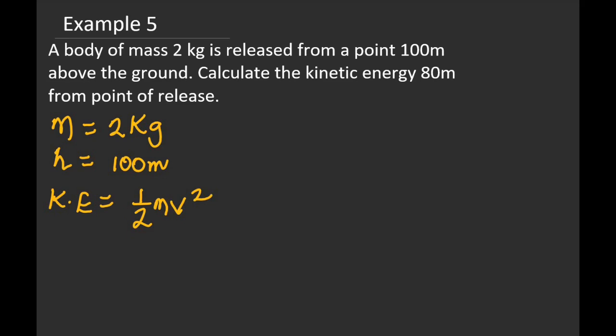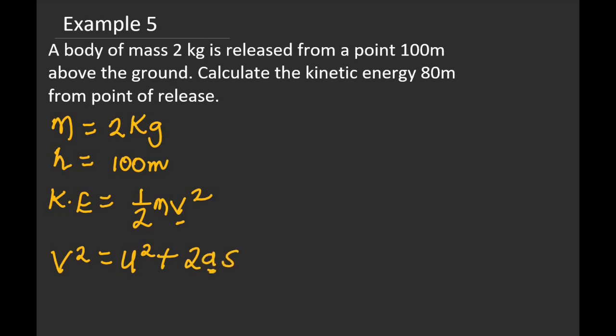We know the mass, but we don't know the velocity. So we need to find the velocity. To do that, we go back to the equations of motion and we use a formula that connects distance and velocity, which is v squared, final velocity, equal to u squared plus 2as.